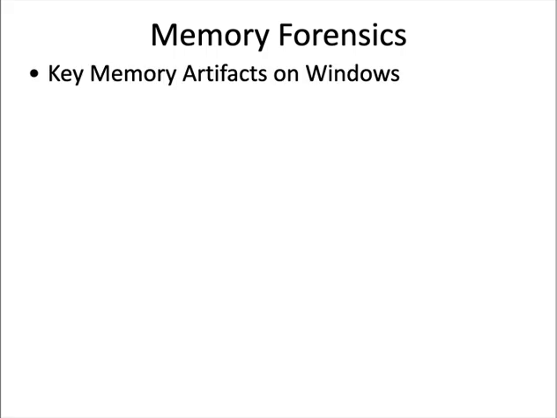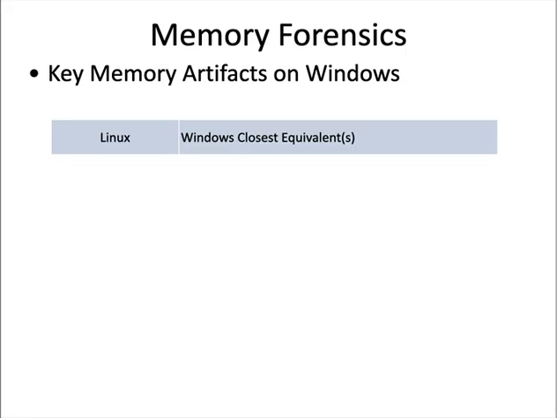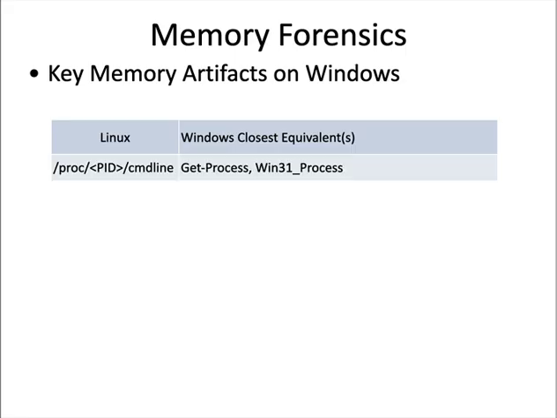Now, on Windows, what I did was I made a table, and that table is going to have the Unix command or concept, and then it's going to tell me the closest equivalent. So finding out the command line that is running, I can get that with Get-Process or Win32_Process on Windows.